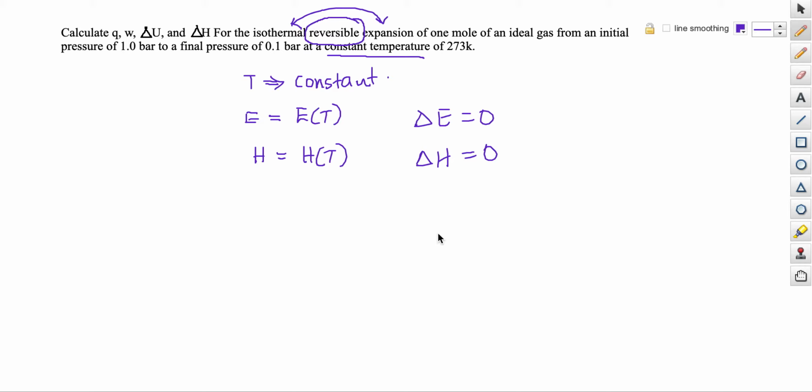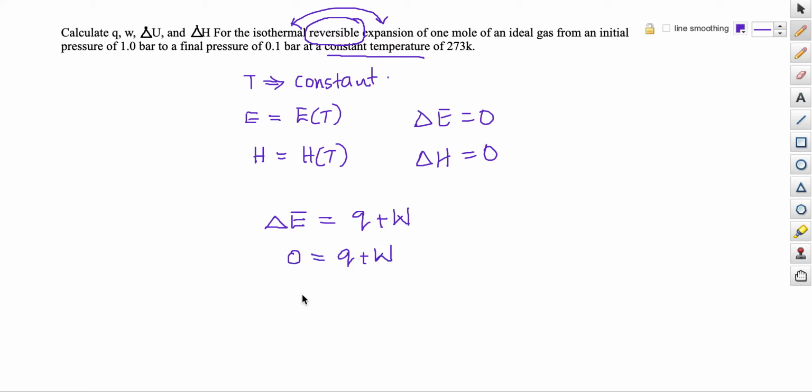So what are the things that we have? From the first law of thermodynamics, the relationship between internal energy change, work and heat is delta E equal to Q plus W. We know that delta E is equal to 0. Therefore, if we substitute here, we get Q plus W is equal to 0.